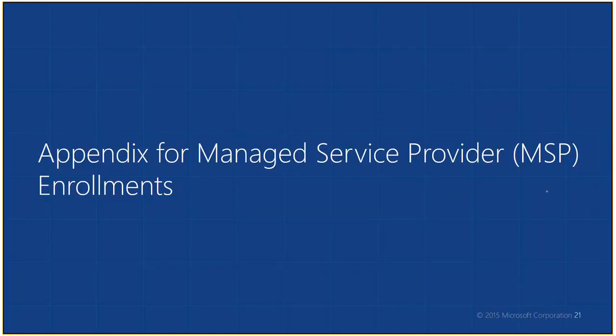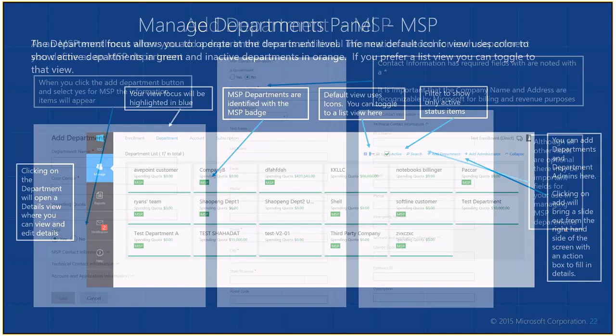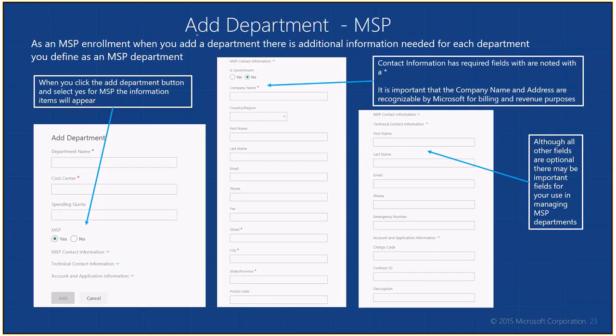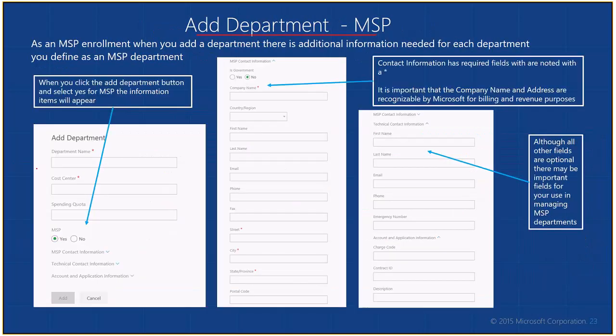So let's just, done here, and this is probably the final for the MSP subscription. Whatever departments you have, based on that you'll have a billing and everything would be here. And if you wanted to add a new department, as I have mentioned here, you can click on add department, and the department name would be here, the cost center name would be there, what quota you wanted to spend, and the MSP contact information.